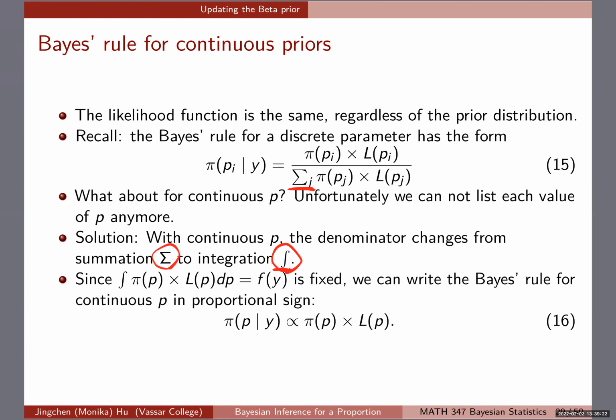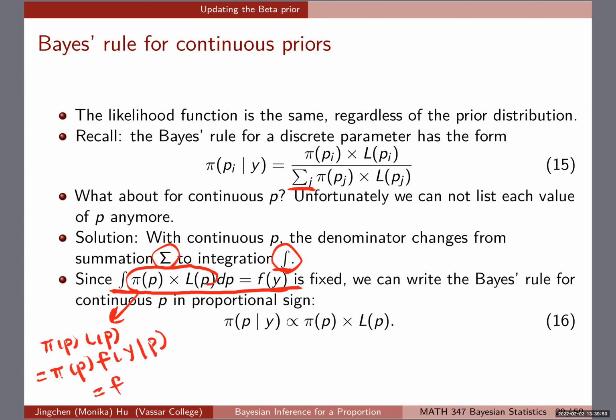And one thing I want to also mention is that the denominator, as we know, is eventually going to become f(y) after we do the integration, because we know over here pi(p) times L(p), as we know, is equivalent to pi(p) times f(y given p). So that's just a different way of writing out the likelihood. And then because this becomes the joint, if I integrate out p, I will get the marginal of y.